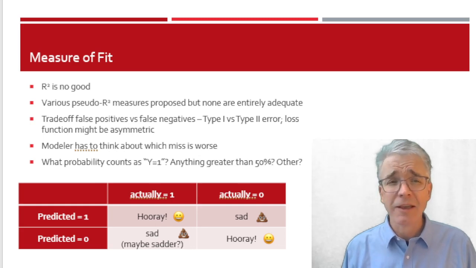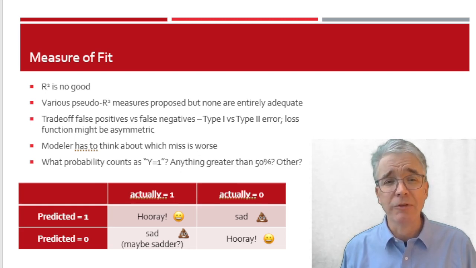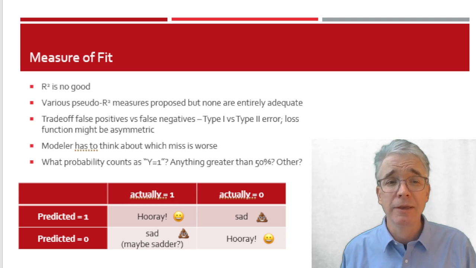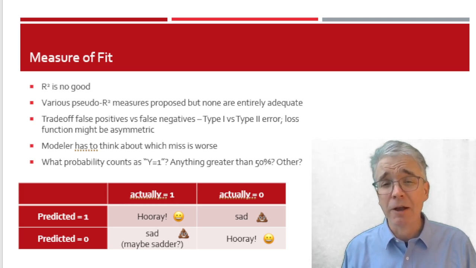In assessing how the different models perform, we have, unfortunately, more options available. We don't have the simple R-squared measure. Various types of pseudo R-squared have been proposed, but they're often not very useful. They push the important questions into the background. Which miss is worse?